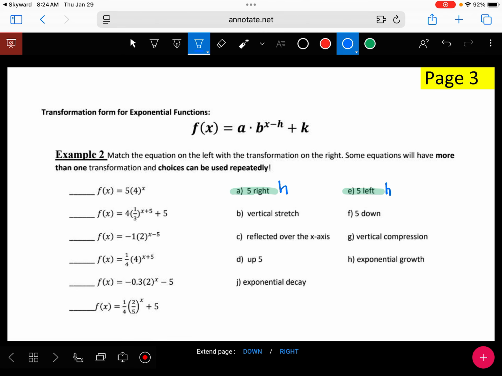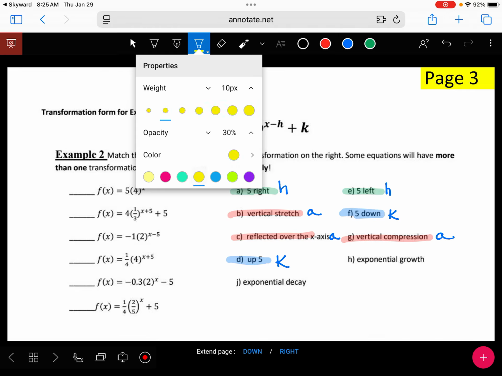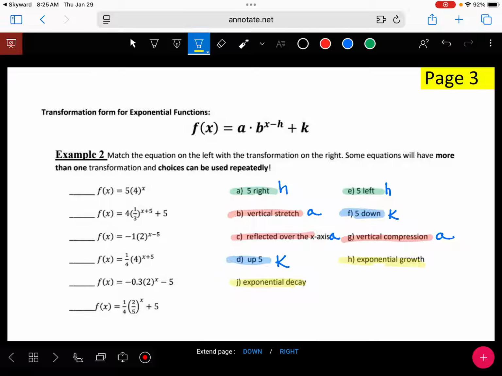And these two go with K. And these three all come from A, because remember, A can do 3 things. And the last one is the new thing, B. That B value, depending on what it is, is either going to make it grow or decay. So hopefully that helps us figure out our answers.